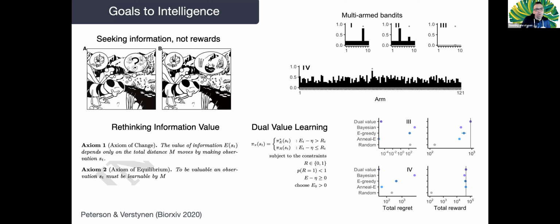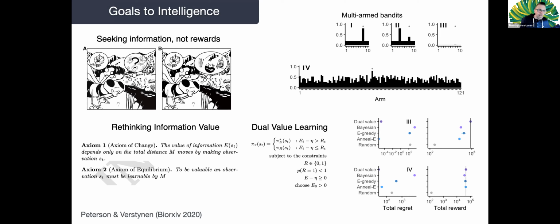And in putting this into an artificial neural network with this property, we have a neural network that can optimally explore. It can explore its environment in a way that has zero regret, maximizes rewards, and does it better than any current state-of-the-art deep net that you can get access to right now.